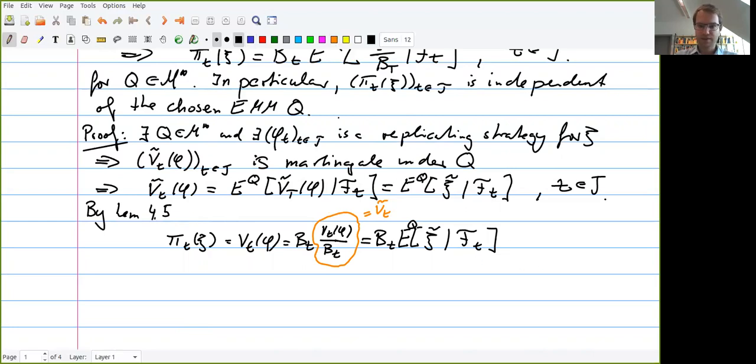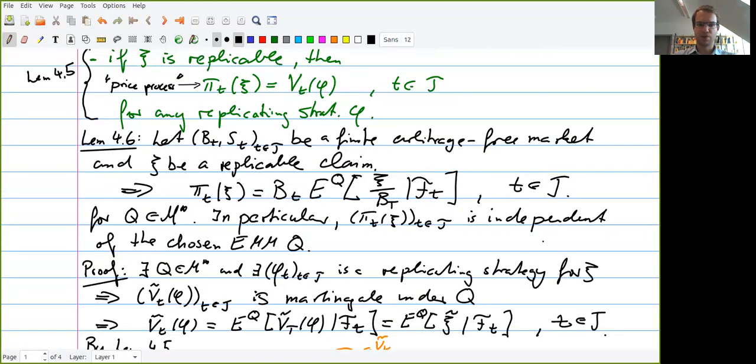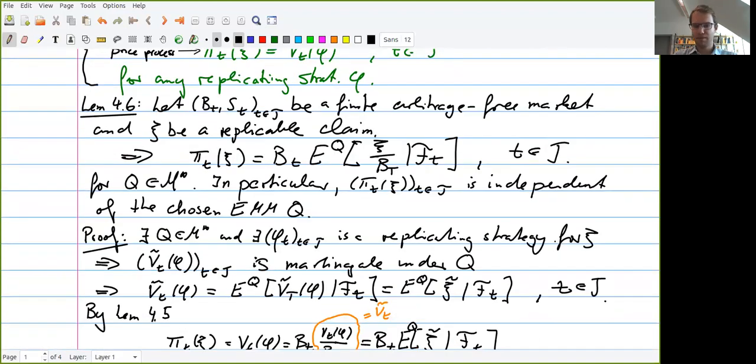So this is the pricing formula which holds under any martingale measure Q, which we claimed in Lemma 4.6.